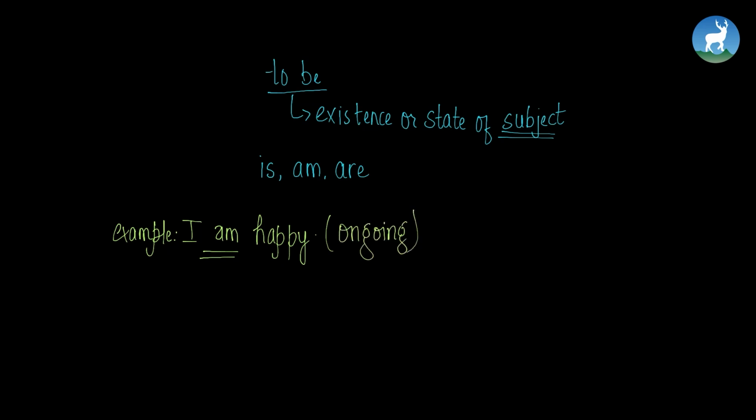Now let's take one more example. She is a doctor. So here in this sentence, I took the help of is to describe a permanent condition. What is the permanent condition here? That she is a doctor, right? Now, we'll together explore the structure, uses, and some more examples of simple present tense or present simple tense, whatever you call it, for the state of being or be.